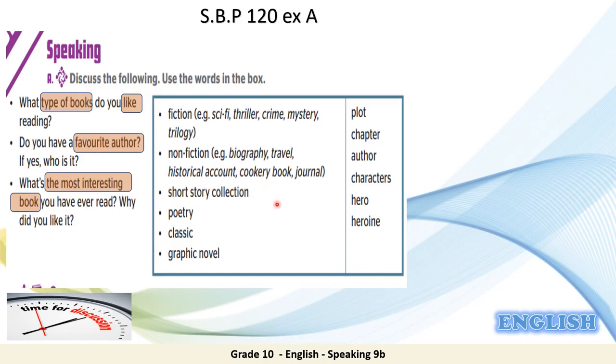Now let's see together some of the words and the expressions that we can use to talk about books. We have here fiction, science fiction, thriller, crime, mystery, and trilogy. And the trilogy here means a series of books, actually 3 books, written about the same situation or characters to form a continuous story.